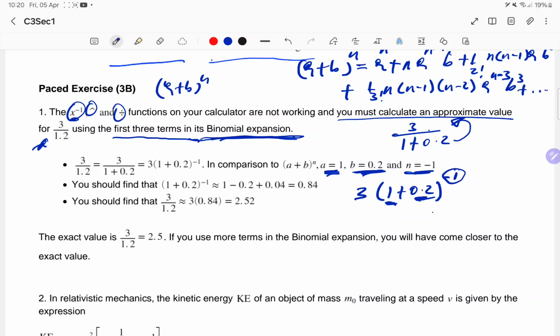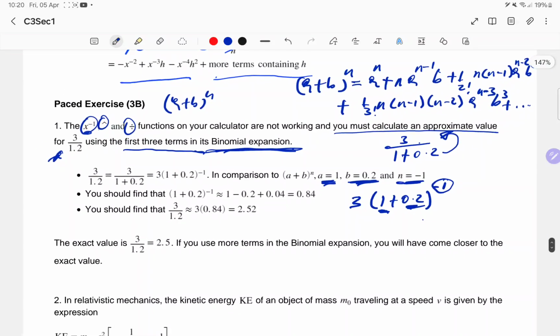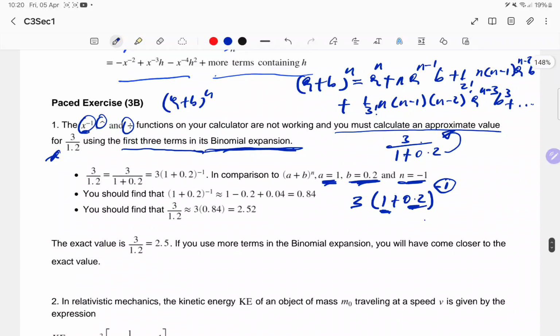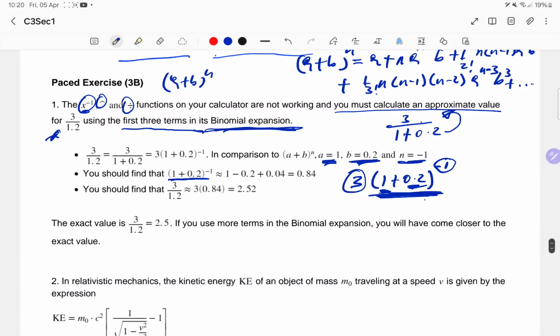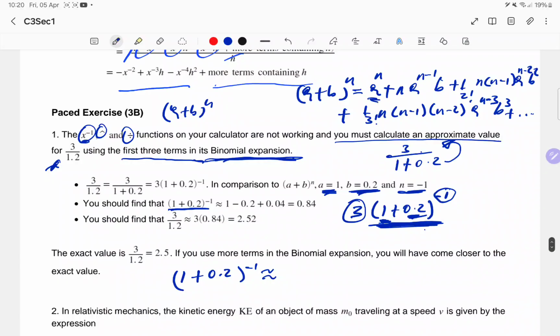The second step, we find the expansion. For now, consider this part, find the expansion, and when you're done, you multiply by 3. So let us focus on this for now. Remember, the first term is just a to the power n. We said a is 1, so it's 1 raised to the power minus 1, which is just 1.